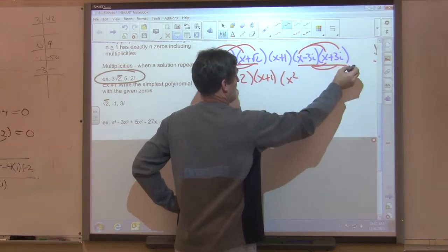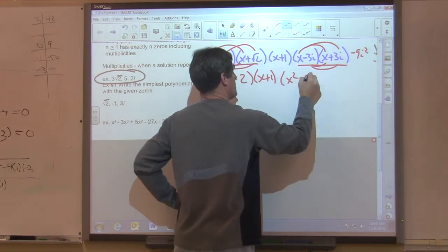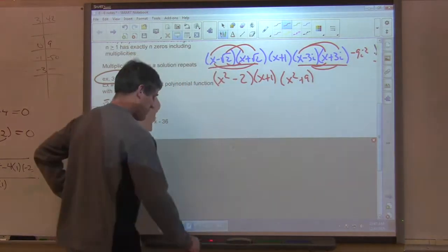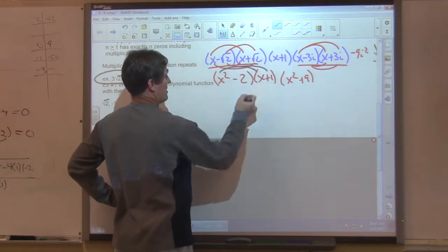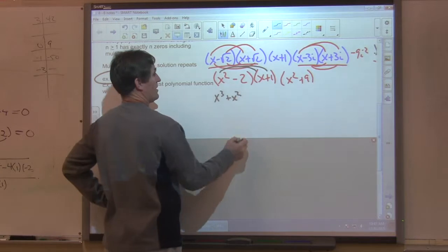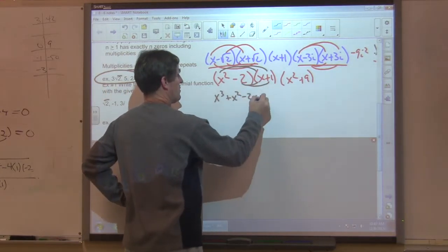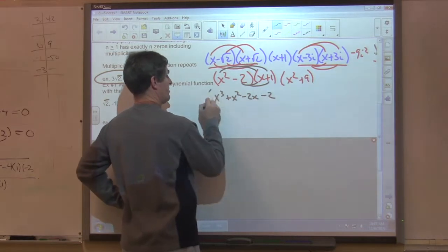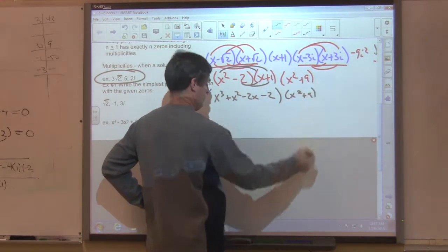So negative 3i times 3i is a negative 9i squared. i squared is negative 1, so plus 9. Now I'm going to go ahead and multiply this. x cubed plus x squared, negative 2x minus 2. No like terms, so now I multiply it to the x squared plus 9.